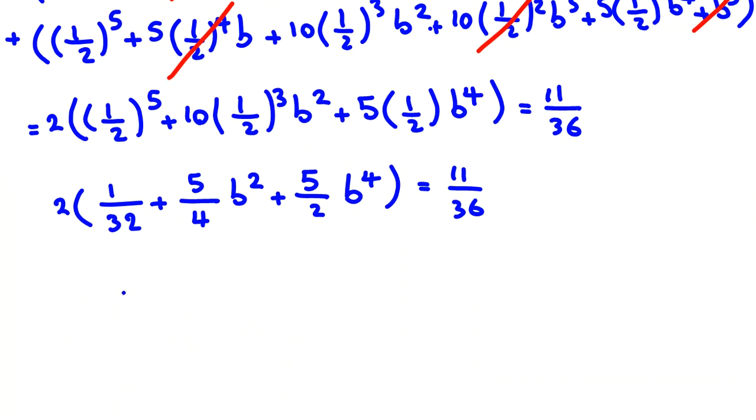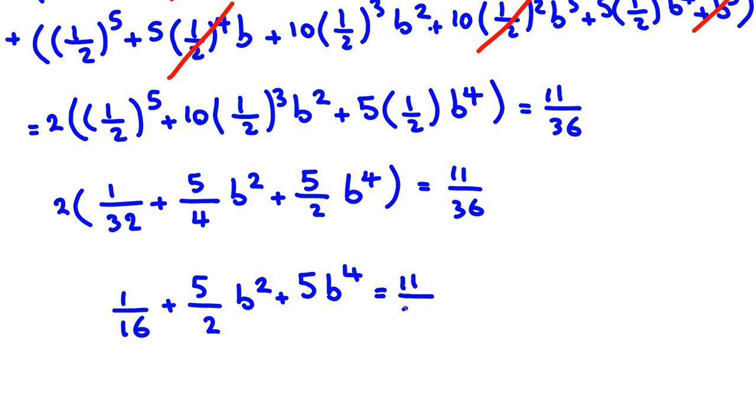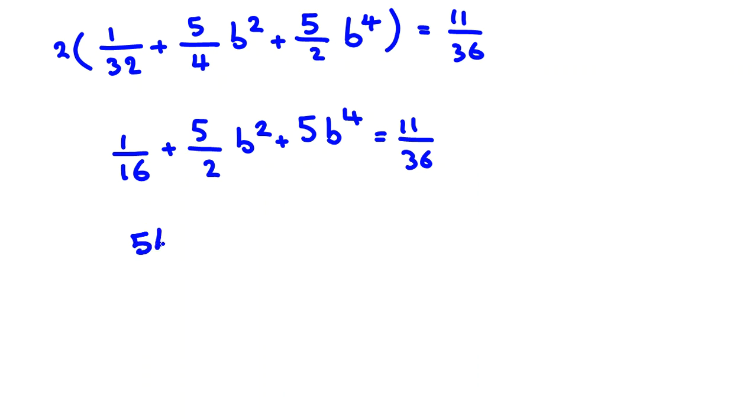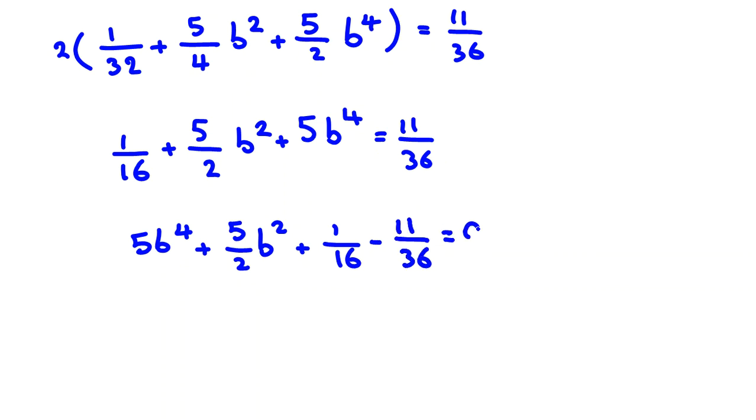If we multiply by 2, it will be 1 over 16 plus 5 over 2 b squared plus 5 b to the 4 equals 11 over 36. So let's consider 5 b to the 4 plus 5 over 2 b squared plus 1 over 16, subtracting 11 over 36 from both sides, equals 0.